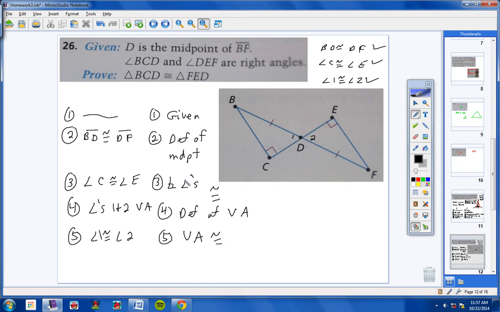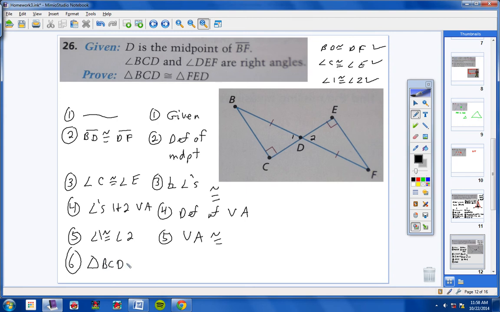So we're good. Students, look what we have: angle, side, congruent to angle, side. So I can definitely state the congruency, but watch your congruencies, state it very carefully.